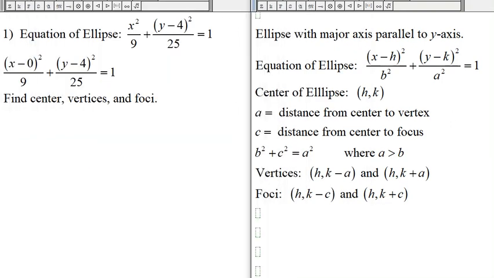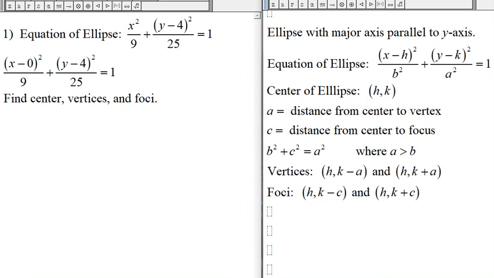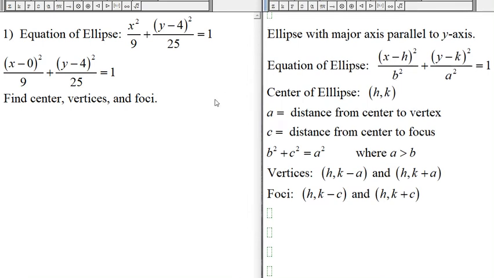And so we would use this set of formulas right here to find the center, the vertices, and the foci. When the ellipse is in standard form, the number that's with the x will be the h, and the number that's with the y will be the k. So in this case, we have h equal to 0 and k equal to 4, since we have x minus, y minus.